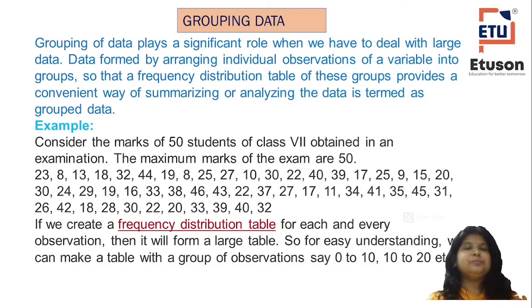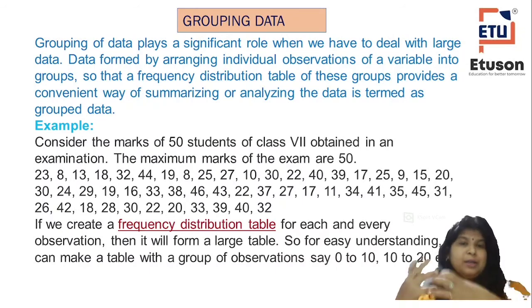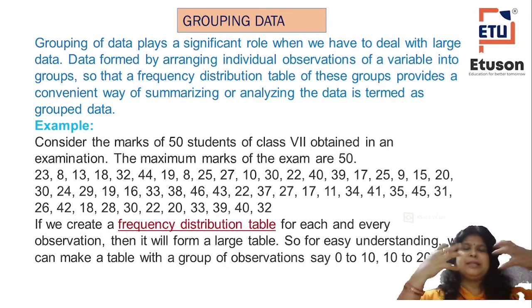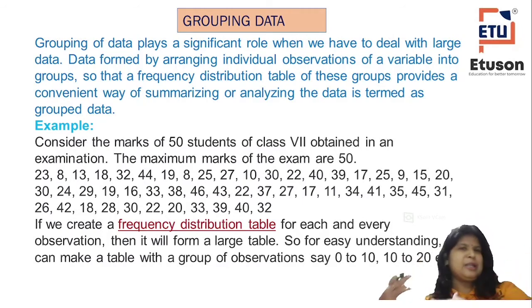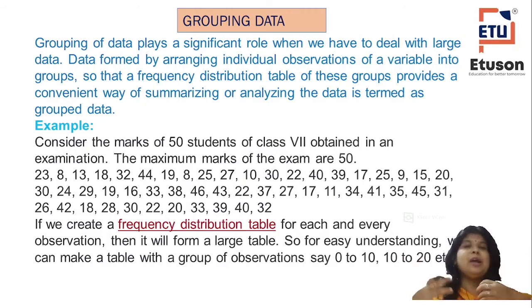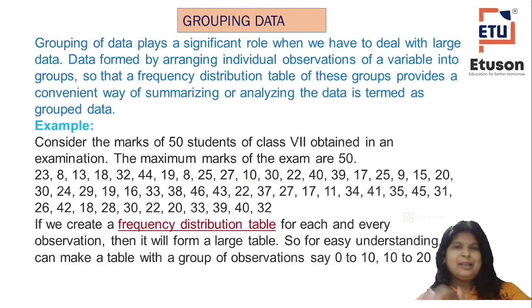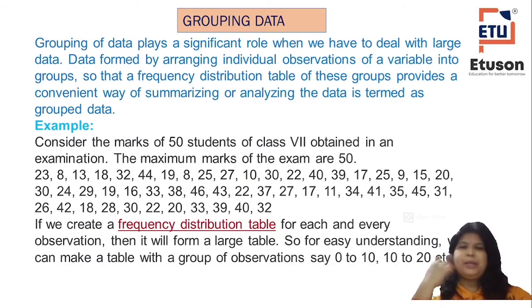So first we will categorize the marks obtained by the students into 0 to 10, 10 to 20 respectively. Then we will find out how many students are there in each category. And one more thing I will tell afterwards, that while counting the frequency, there is something you have to keep in mind. I will come to it afterwards.